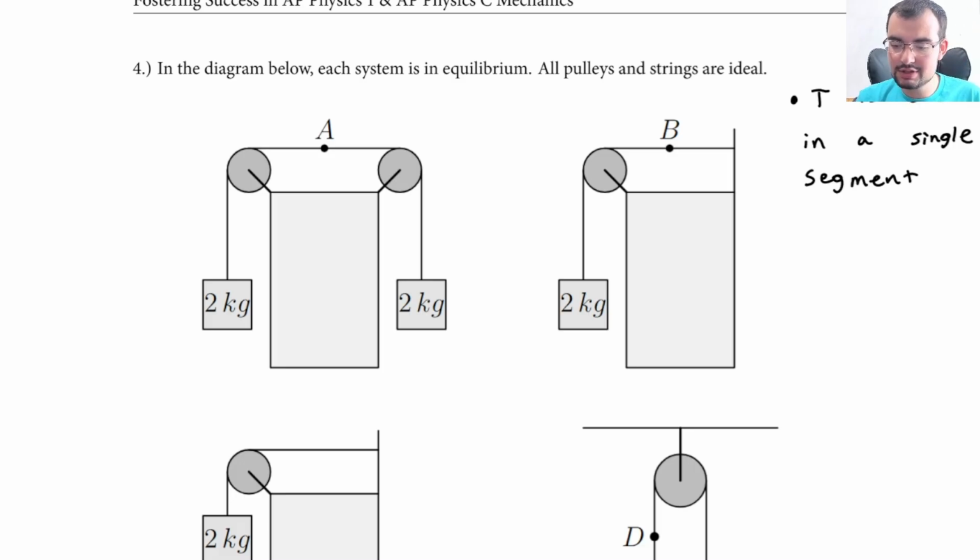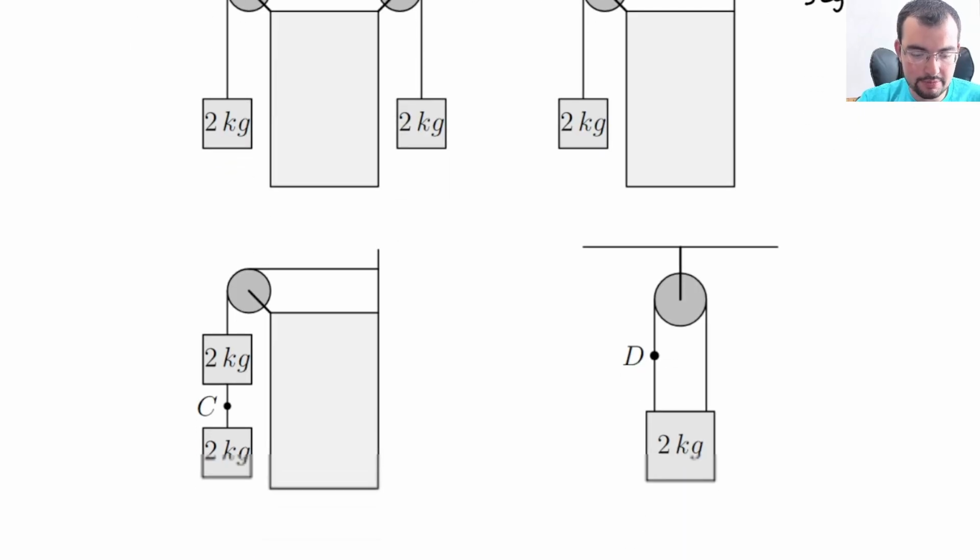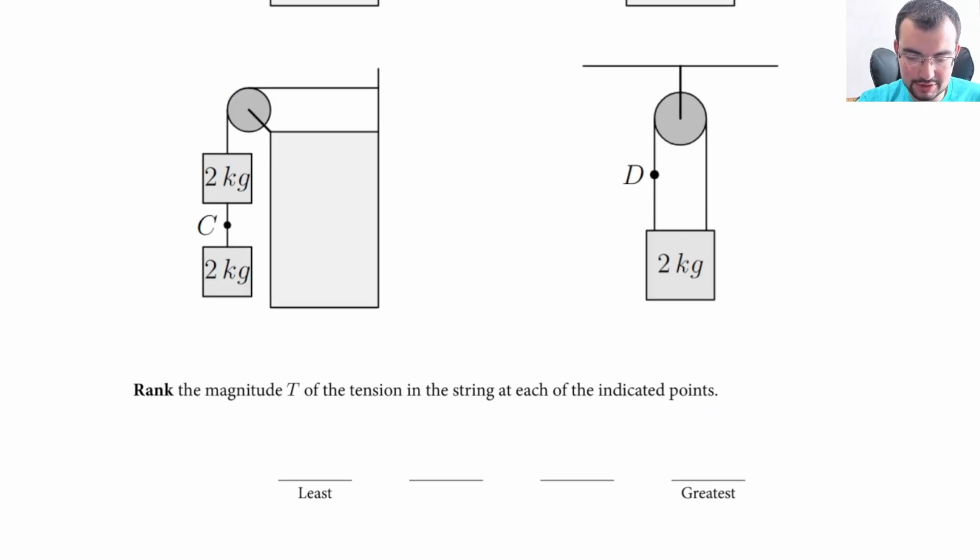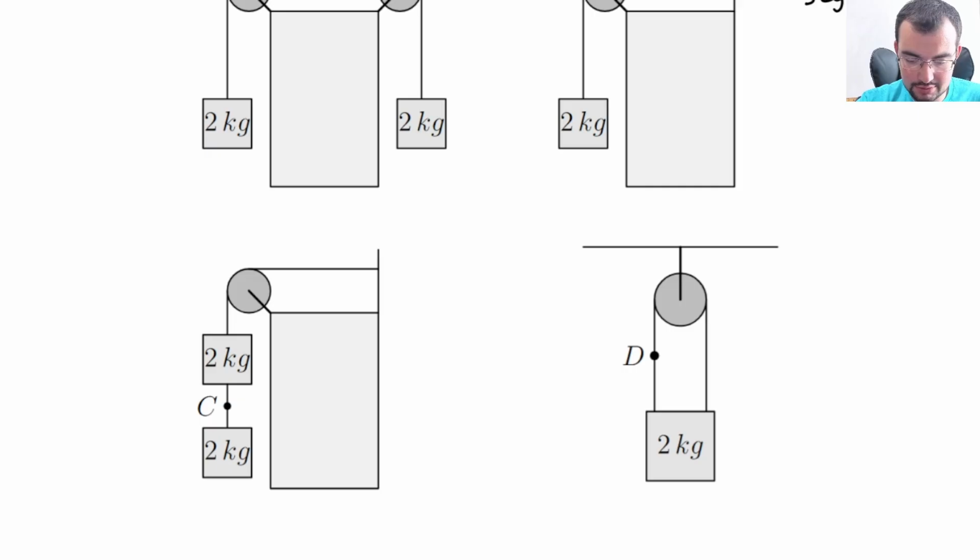So in a single segment of rope, meaning there's just the same rope on both sides with nothing in between, we can just carry that tension through. And it is given to us that the objects are in equilibrium. So we want to rank the tension in each of these cases, and no justification because we're going to do it here.